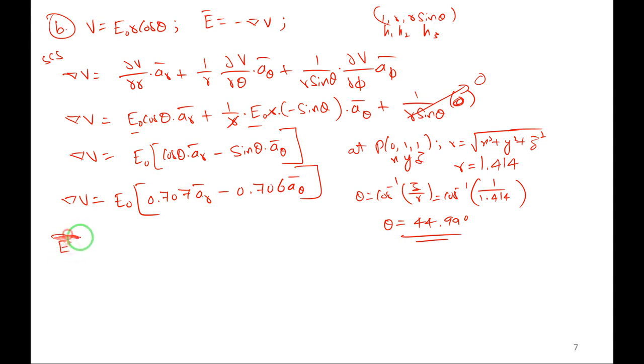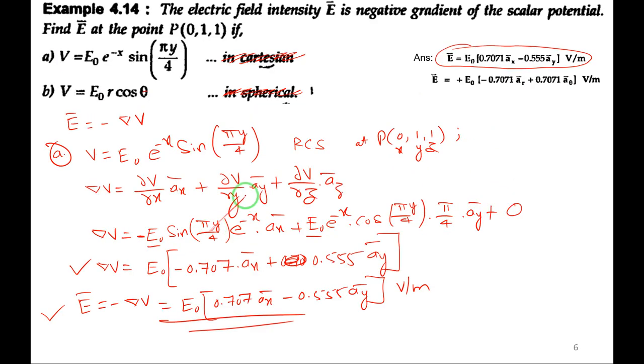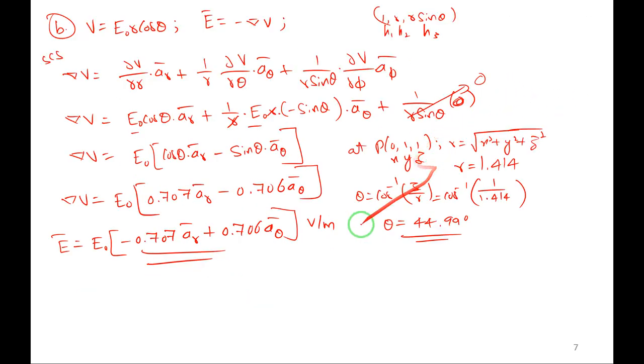Just multiply minus for this. So E naught into minus 0.707 AR, minus into minus this will be plus 0.7068 A theta volt per meter, right? So you can just verify. AR and A theta. Is it fine? Volt per meter.